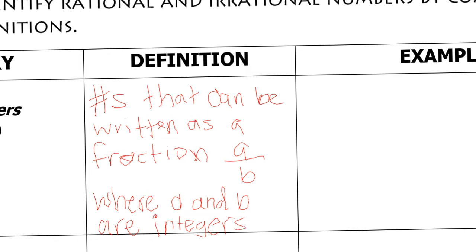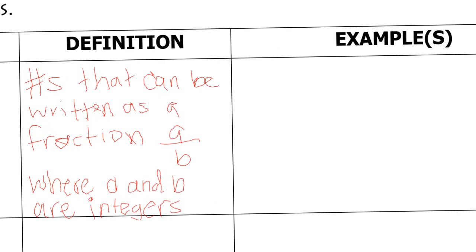So some examples of rational numbers. An integer is a rational number. So an integer would just be, for example, negative 125. So just your normal numbers you probably think about.